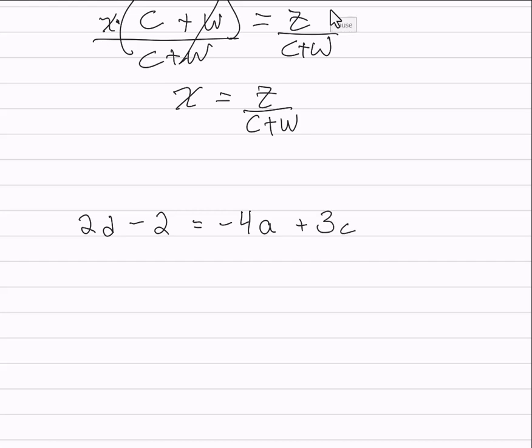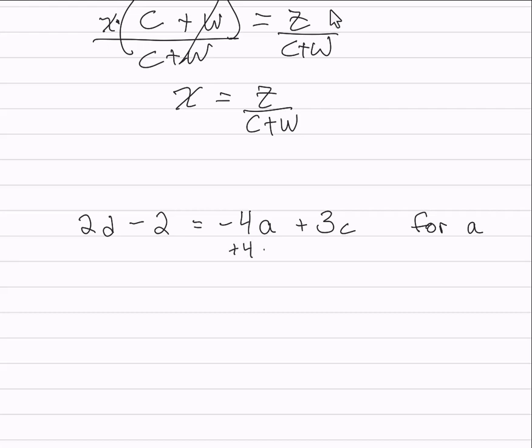And I want to solve this for a. Okay, so I need to get the a by itself, or anything that has an a. Everything that has an a on one side, anything that doesn't have an a on the other side. There's only one thing with an a, and again, just because it's what I like to do, I'm going to put it on the left-hand side.